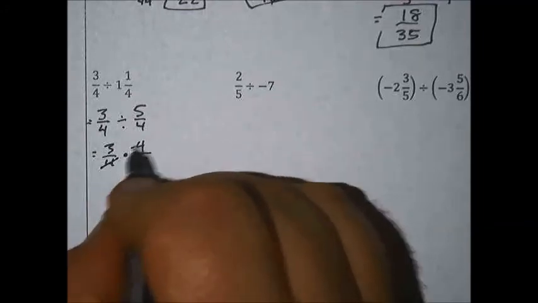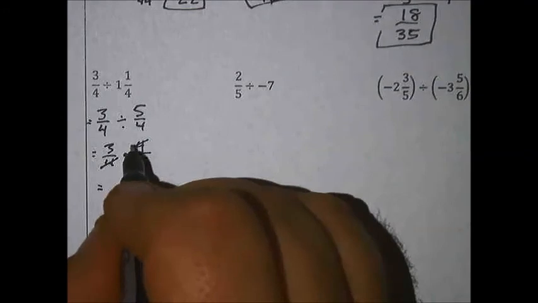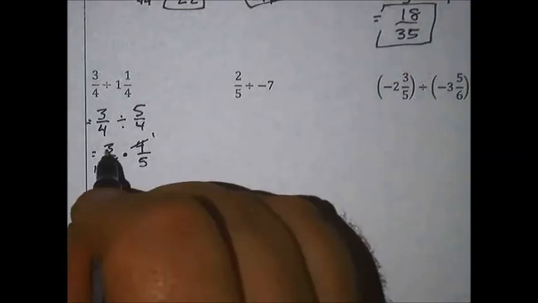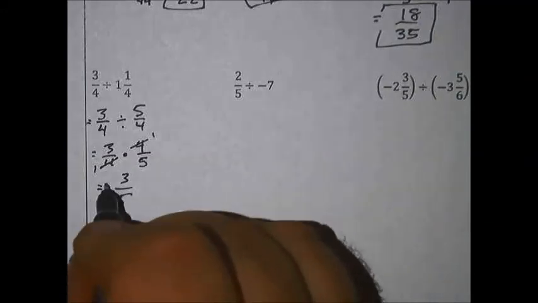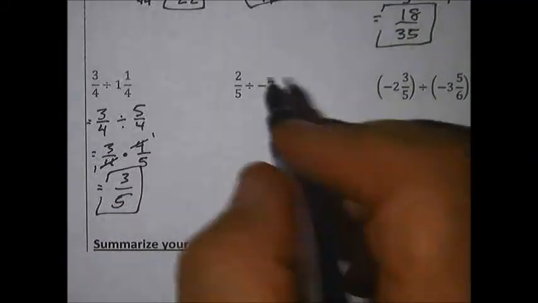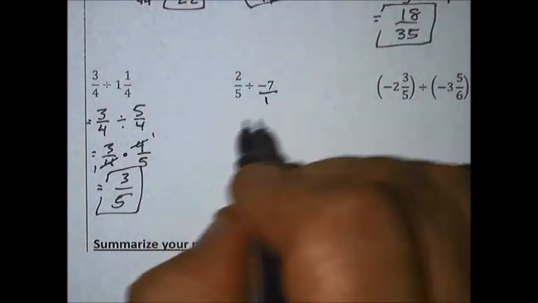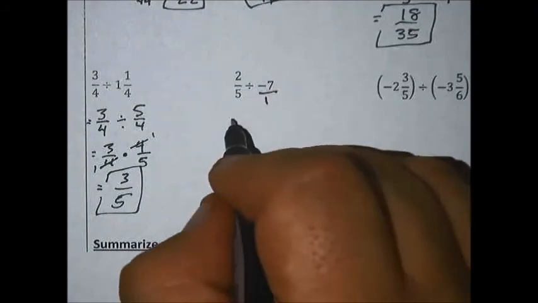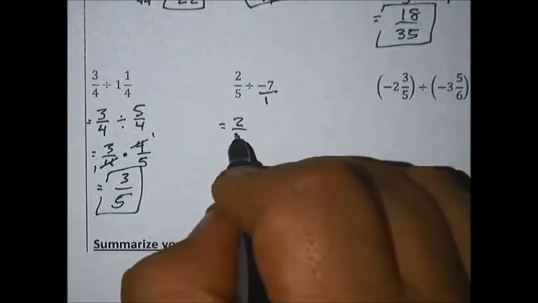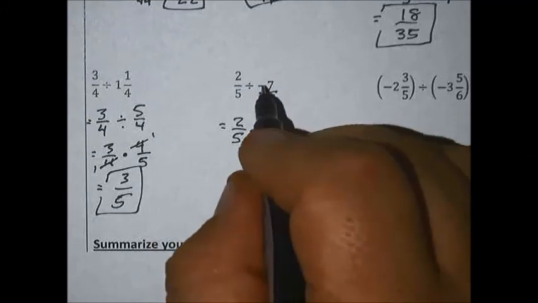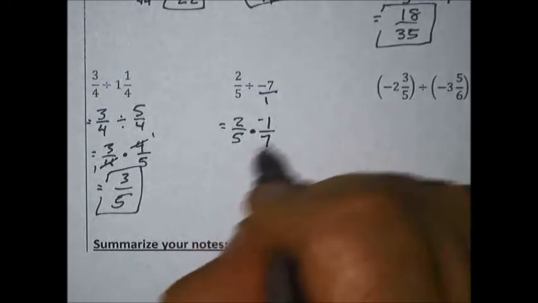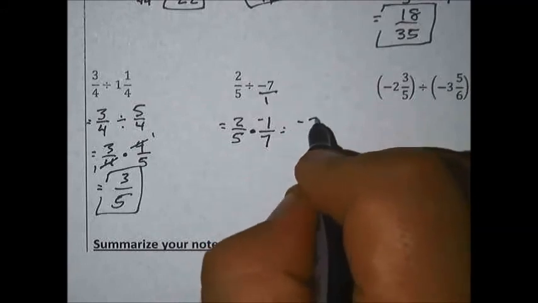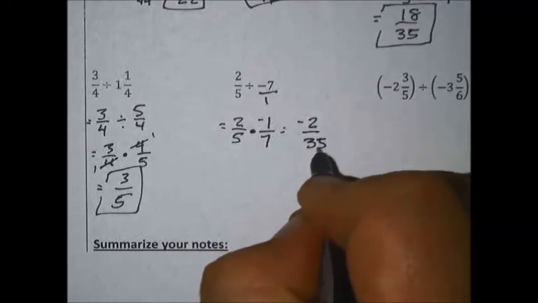Really like it when I have the same thing on the top and bottom, because those turn into ones. 3 times 1 is 3. 1 times 5 is 5. 3/5. Remember, that's a whole number, or that's an integer, but we can just put it over 1. So we have 2/5. Turn it to multiplication. Flip that thing. We have a negative still, and we get -2 over 35.